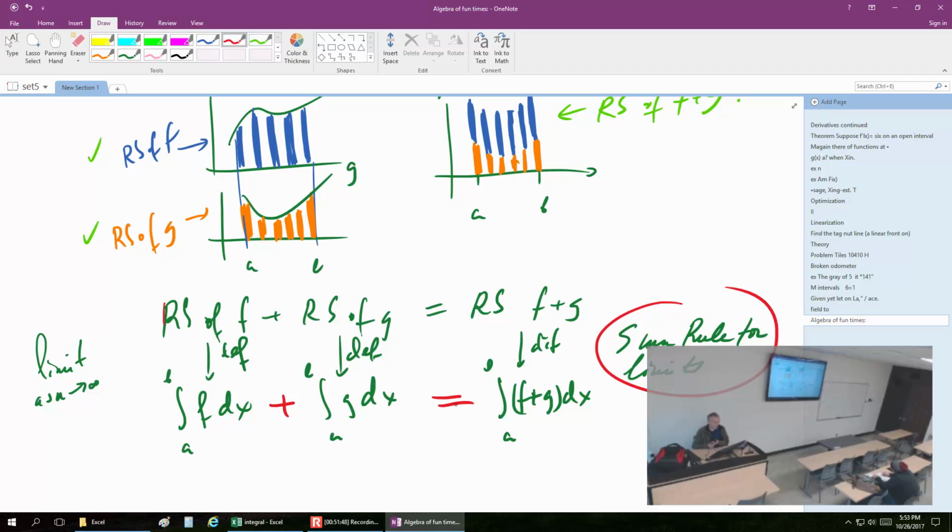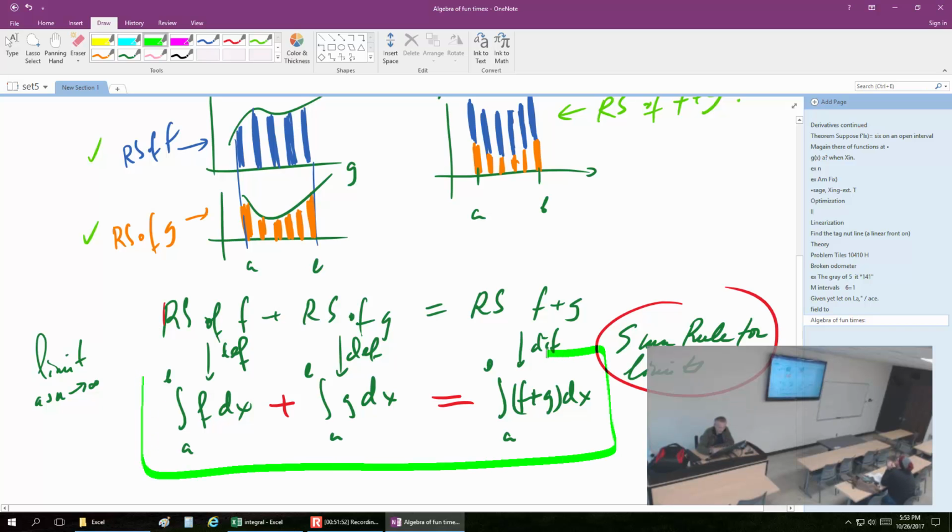And the result is called the sum rule for Riemann integrals. You can look at this one as the sum rule for Riemann sums, but then under the limits, with the help of the sum rule for limits, we end up with a sum rule for Riemann integrals.